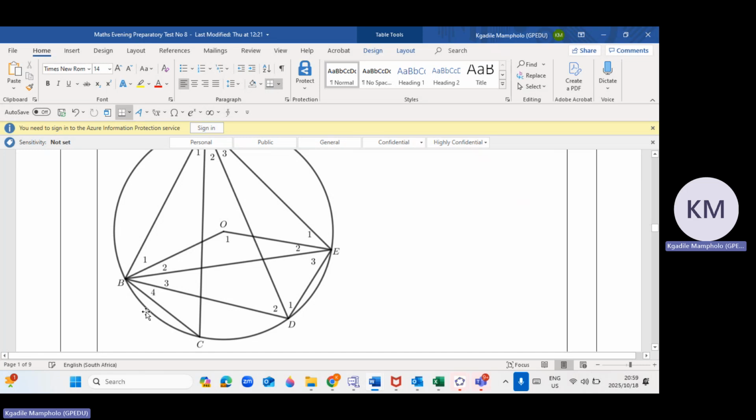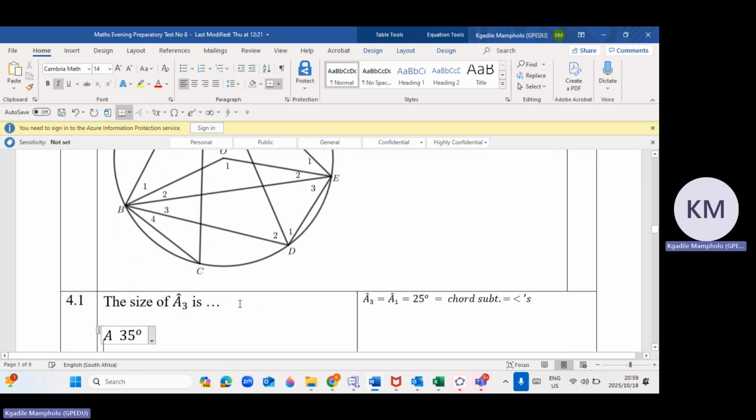So equal chords subtend equal angles on the circumference. Since A1 is 25, and A3 is what we are calculating, and both angles are subtended by equal chords, therefore A1 is equal to A3, which means A3 is also 25 degrees.